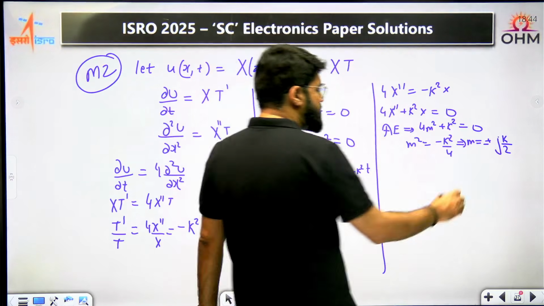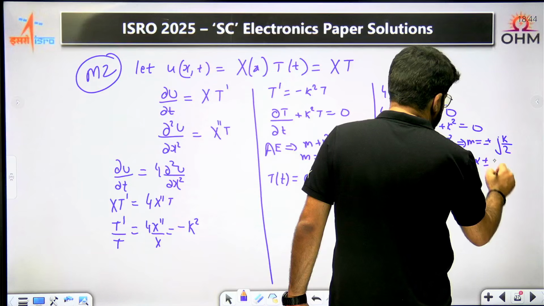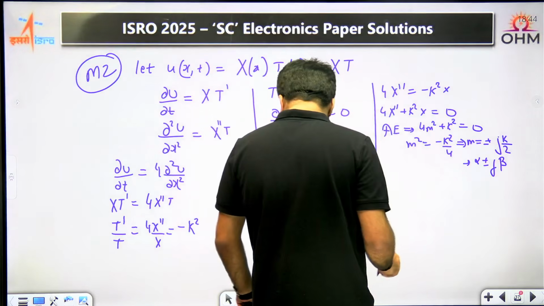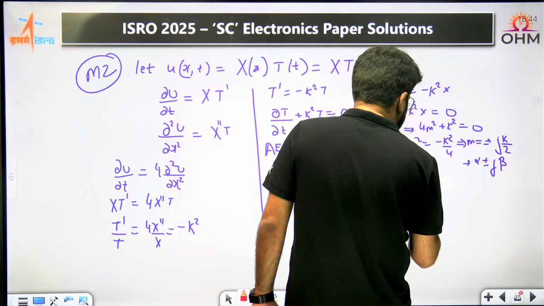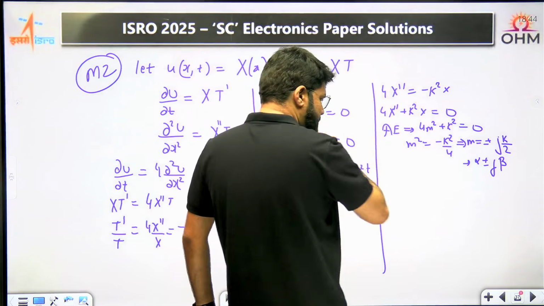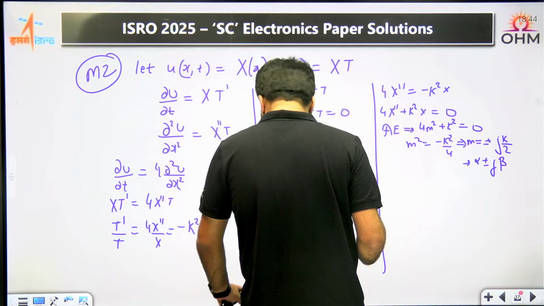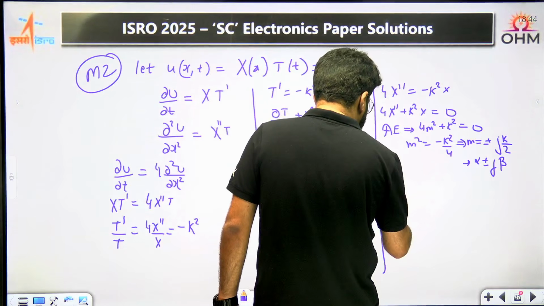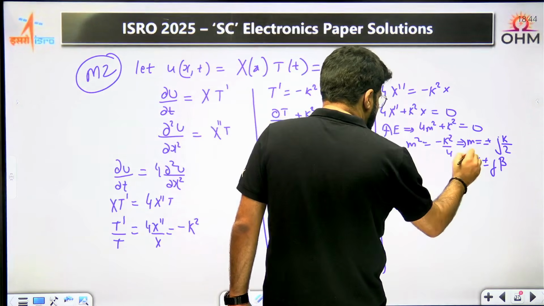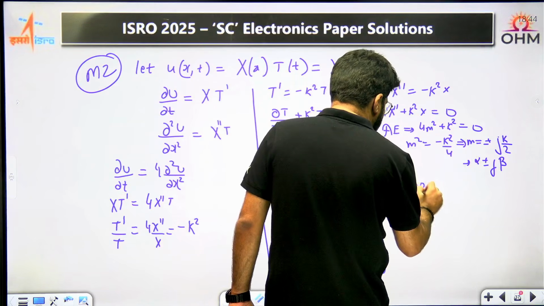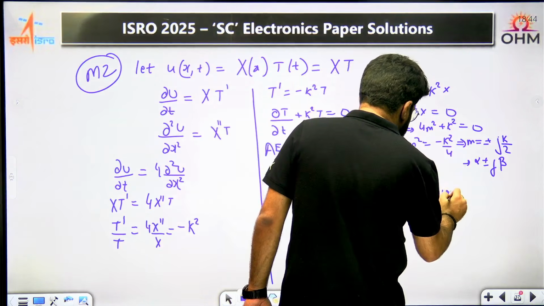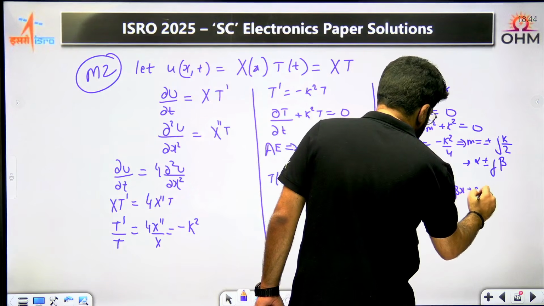The roots are coming as alpha plus minus j beta. So what is going to be the solution here for x as a function of x? We write e power alpha x, c1 cos beta x plus c2 sin beta x. That is what we can use here.